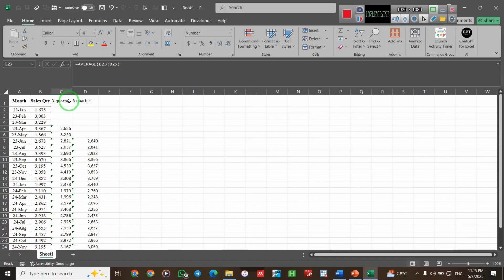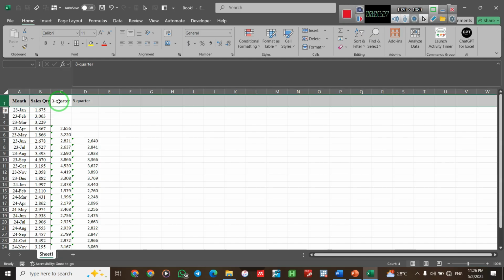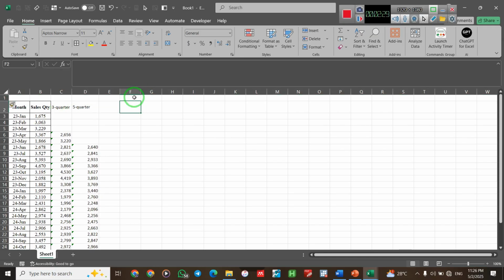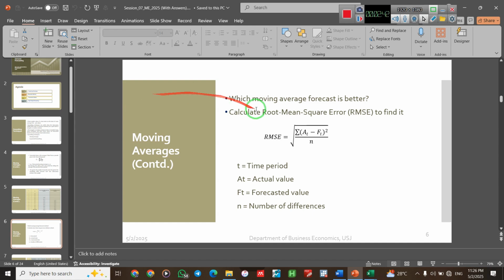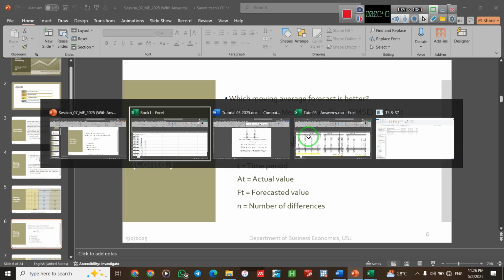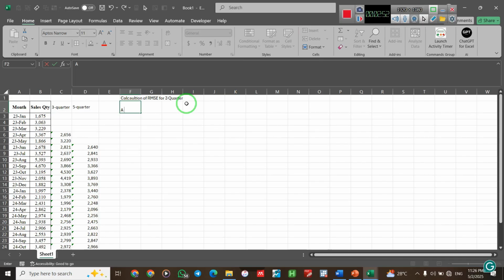Firstly I'm going to calculate the RMSE value for the 3-quarter method. So I go here, calculation of RMSE for 3 quarter, right? First I have to deduct the forecasted value from its actual value.